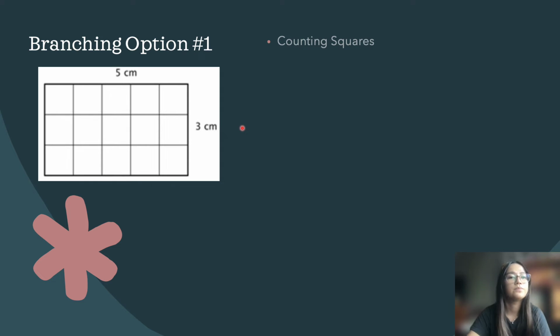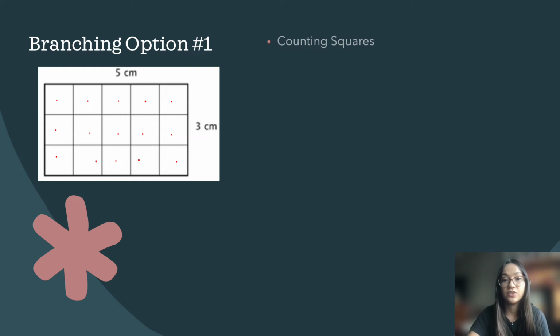So for this one, if we're solving for the area, which we know is 5 times 3, we also know that the area is the inside, so we could count all of the squares on the inside. So we would count 1, 2, 3, 4, 5, 6, 7, 8, 9, 10, 11, 12, 13, 14, 15.